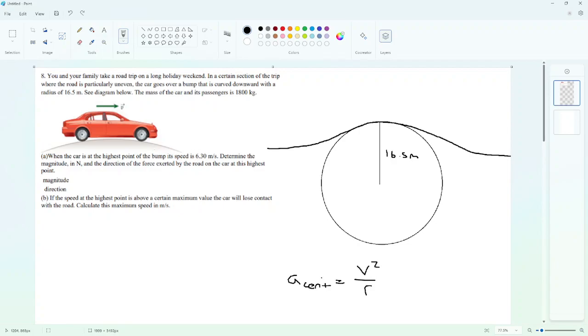Now, the force exerted on the car by the ground, if you imagine it, imagine you drive across this bump, right? You drive across this bump. This bump is pushing you upwards every bit of the way, a little bit more than it normally would. It would normally just apply a normal force on you, which is going to be equivalent to your force of gravity.